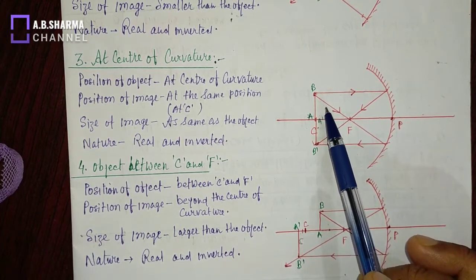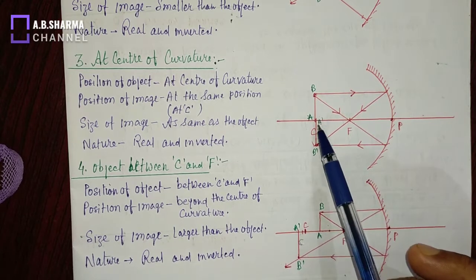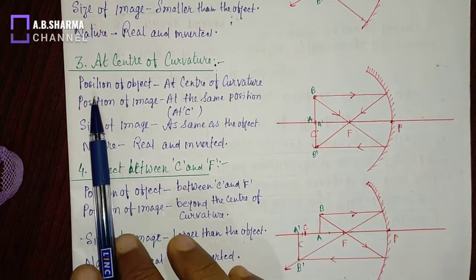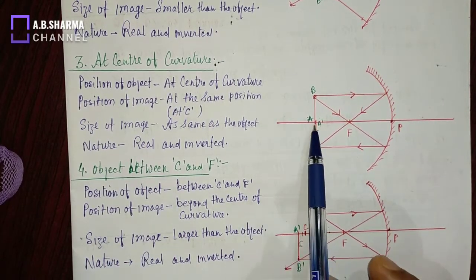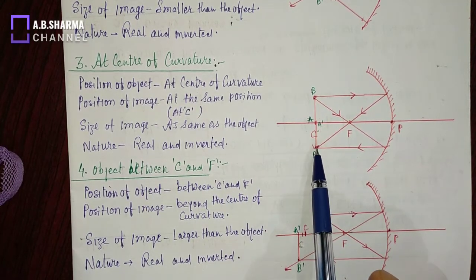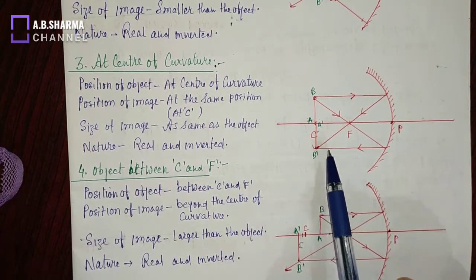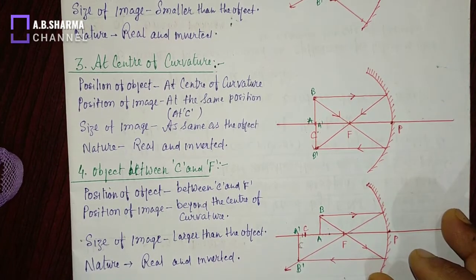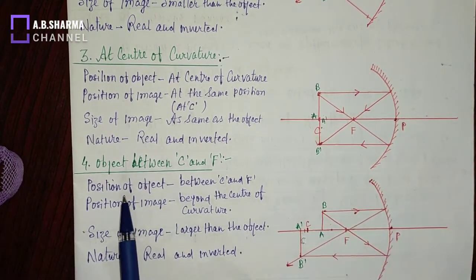We are seeing that the image is forming at the same place where the object is kept, and the size of the image and the size of the object are the same. So when the object is at the center of curvature, the image is also at the center of curvature. Size of the image is equal to the size of the object. Nature is again real and inverted. A concave mirror always forms a real and inverted image except one case, which we will see further.